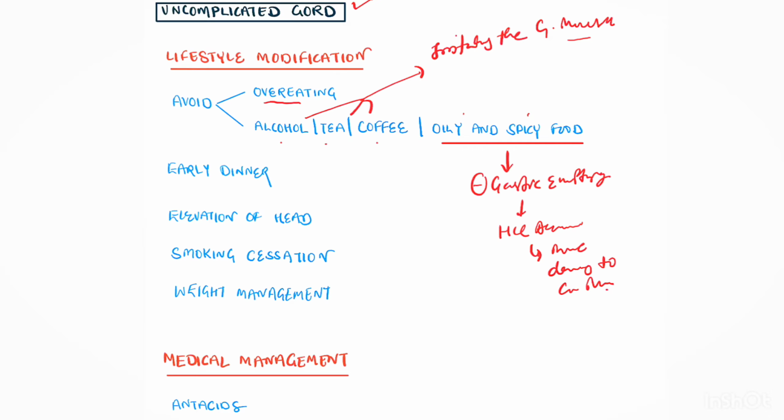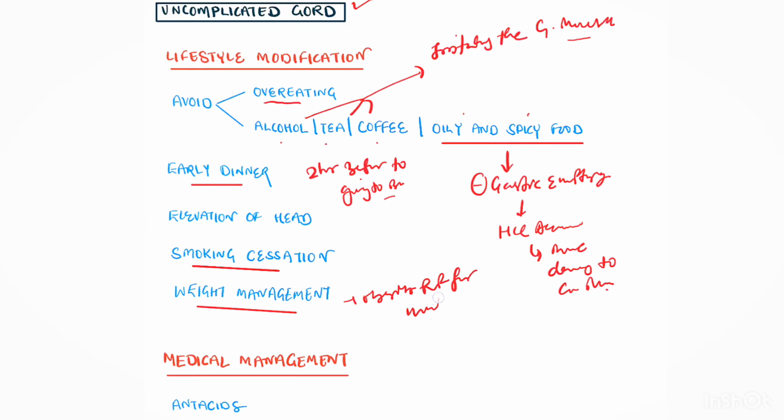So we will tell the patient to have early dinner, at least 2 hours before going to bed, and elevation of the head end of the bed, and the patient should be advised smoking cessation and weight management, because obesity is a risk factor for hiatus hernia, which is a risk factor for GORD. So these are the lifestyle modifications and their reasons.